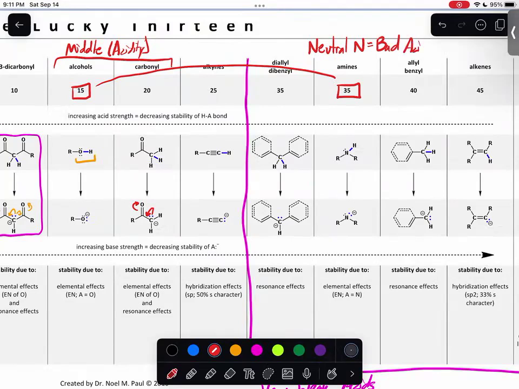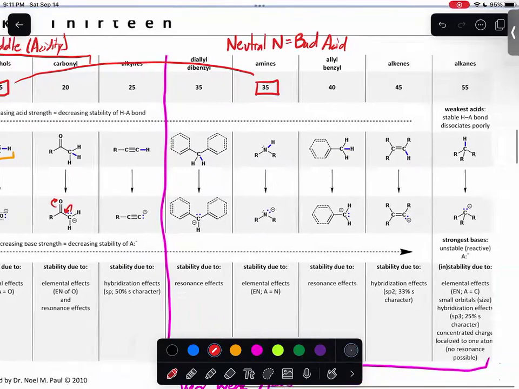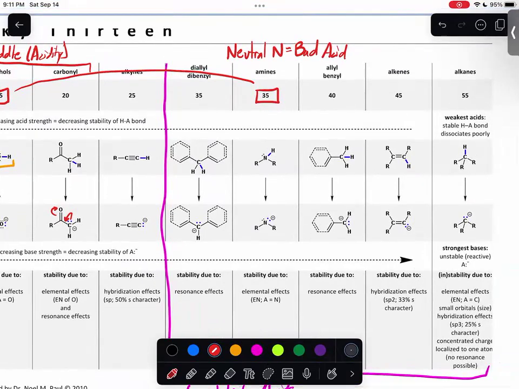It's a very bad acid, unless it has other effects to go along with it. That being said, the rest of these are carbon-containing acids. You have allyl benzyl, which are just carbons with resonance, alkenes, so just sp2 hybridized carbons, and then finally alkanes, which are sp3 hybridized carbons. And this right here is by far the weakest acid.